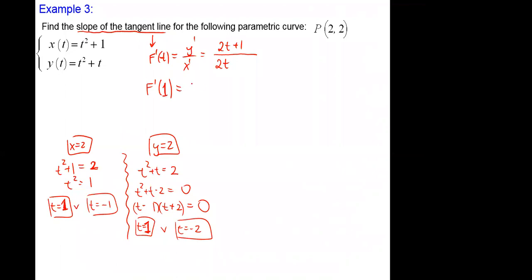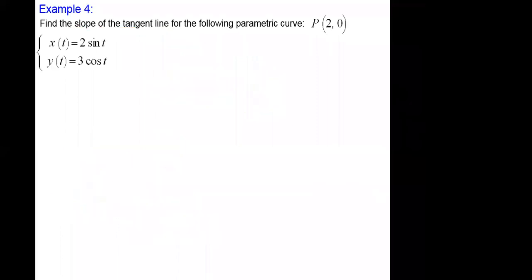And what is the slope? 2 times 1 plus 1, over 2 times 1: 3 halves. Thank you for computing with me. As we can see, that's the typical way to check the derivative, finding the slope of the tangent line.